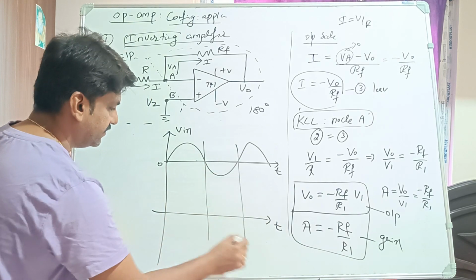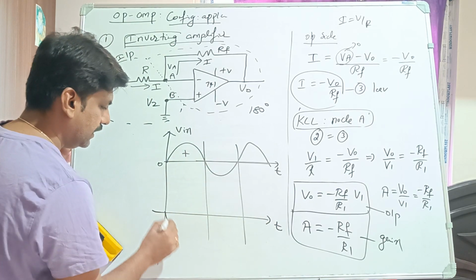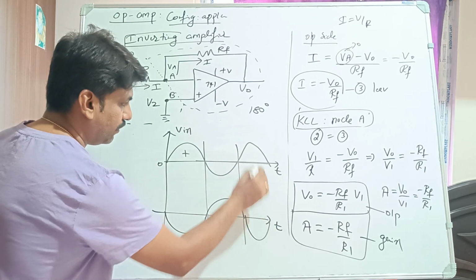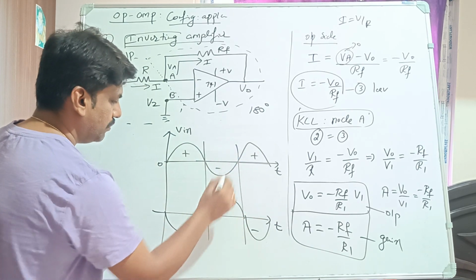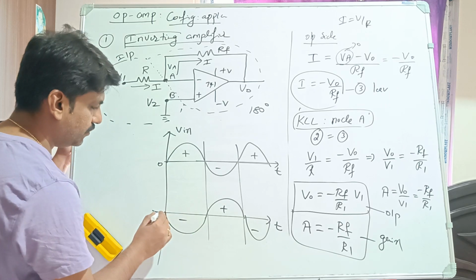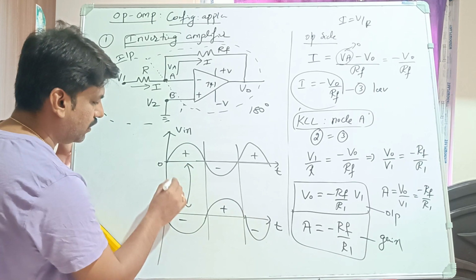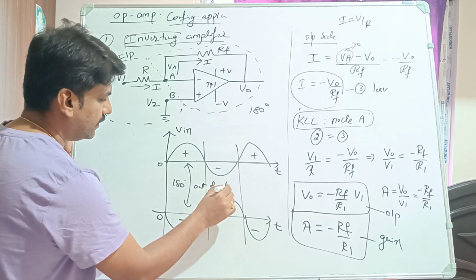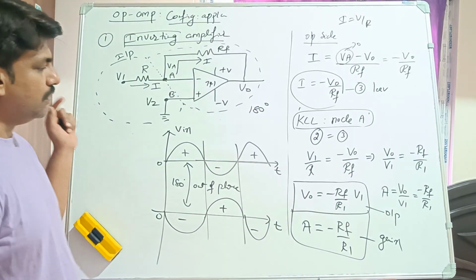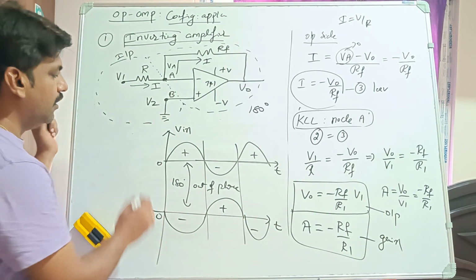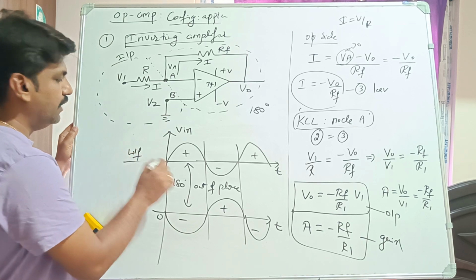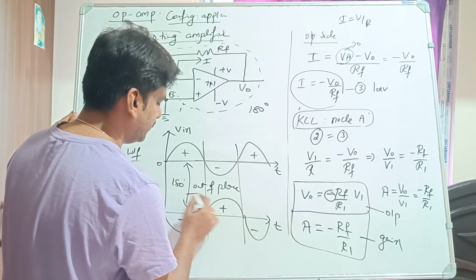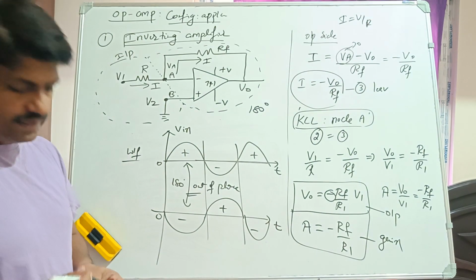I will make the lines like this. If it is plus, I will get minus. If it is minus, I will get plus. The same thing follows: plus, minus, minus, plus, plus, minus. So these two are 180 degrees out of phase. So these are the waveforms of the inverting amplifier. This minus tells that it is 180 degrees out of phase, right?